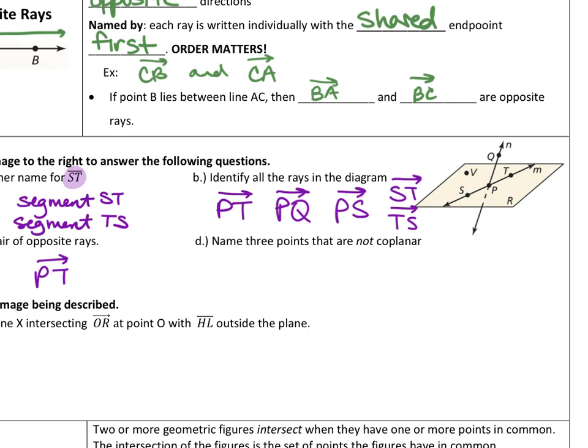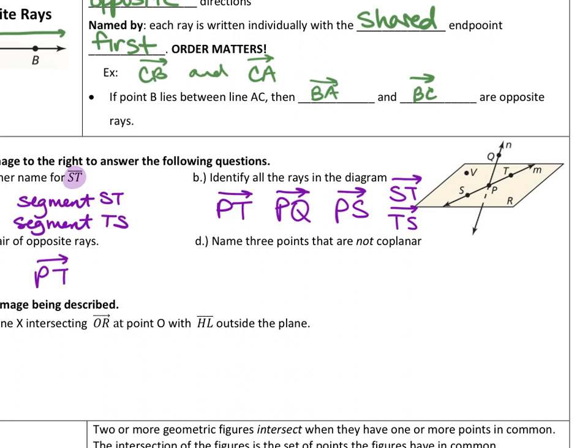Part D says name 3 points that are not coplanar. It's the same question as the front, isn't it? Oh, that are coplanar.